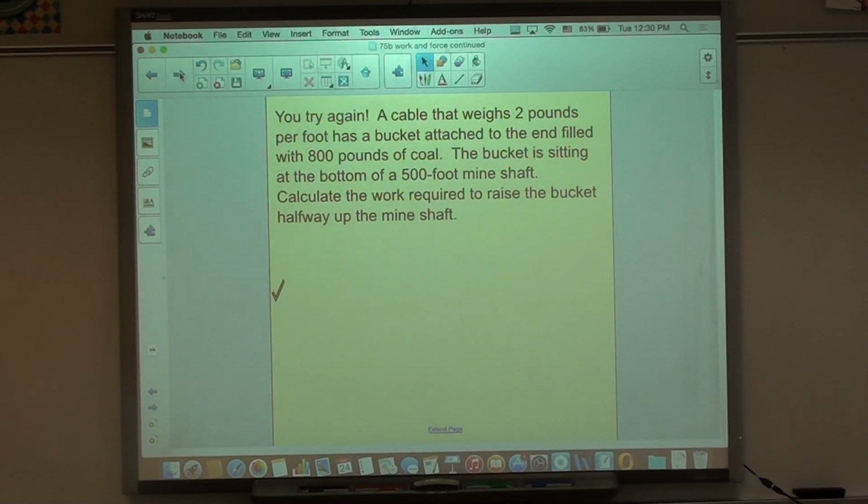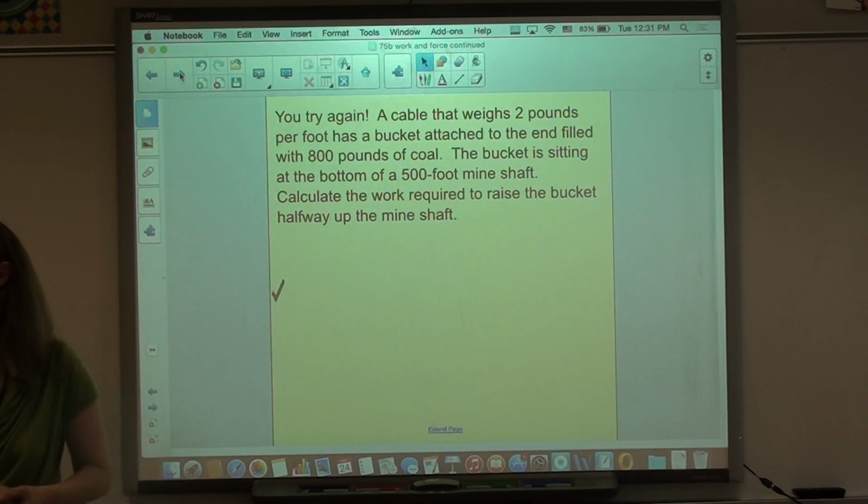387 pounds. We'll call it the bucket weight. The integral from 0 to 250 of 2 times 500 minus y, plus... I get why you have to add these, because there's an 800 pound bucket at the end. And you have to find the weight of the cable plus the bucket.